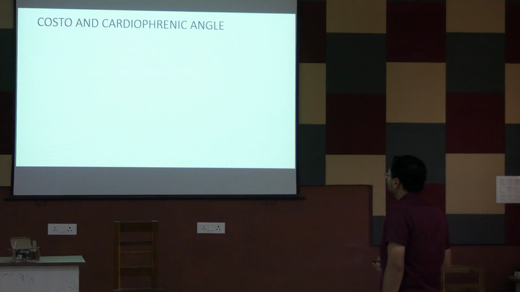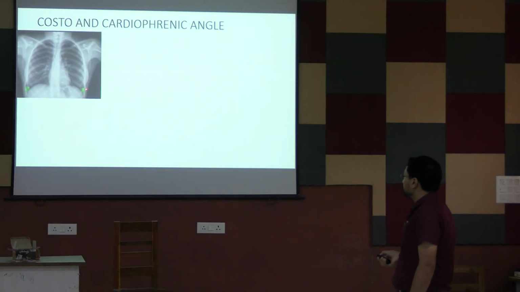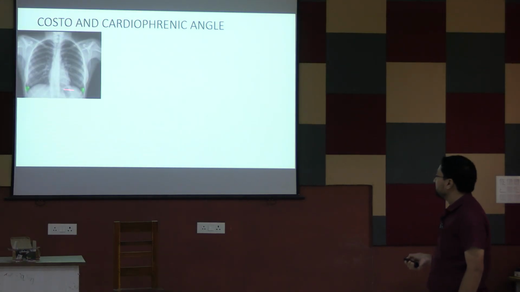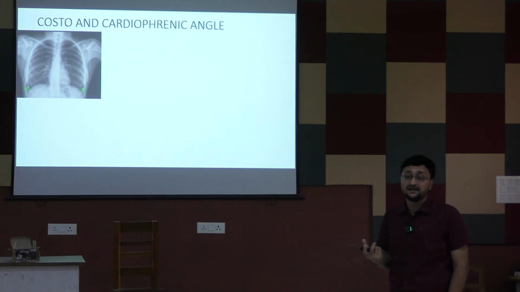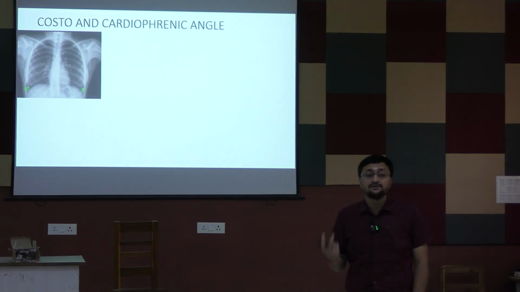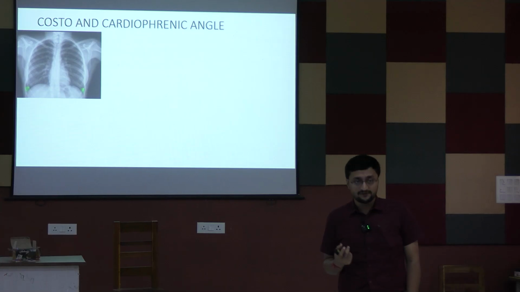Next, costophrenic and cardiophrenic angles. These are the costophrenic angles and these are the cardiophrenic angles. Why is this important? Blunting of CP angles means you are dealing with a case of pleural effusion, right?